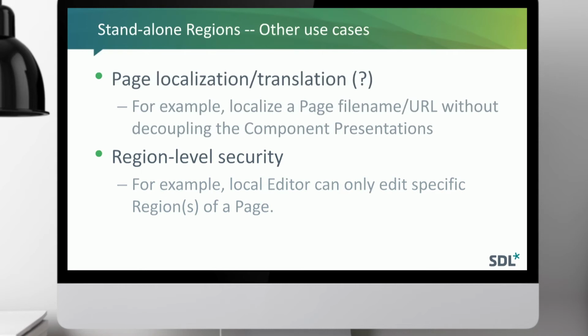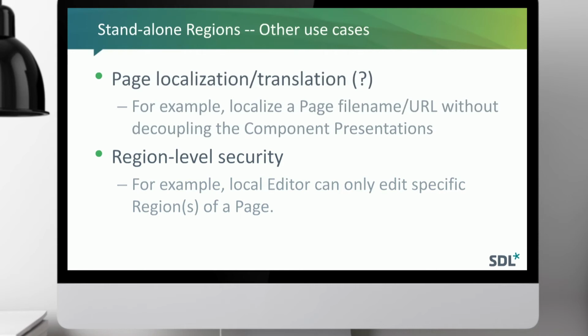I have a question mark here because it's a possible use case. It also complicates the matter a bit, because for each page you would have to have two entities in CM to do that. So we are considering it as a use case, but we could also do other things.